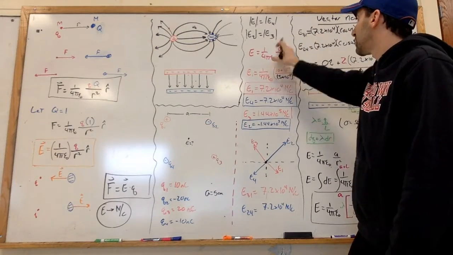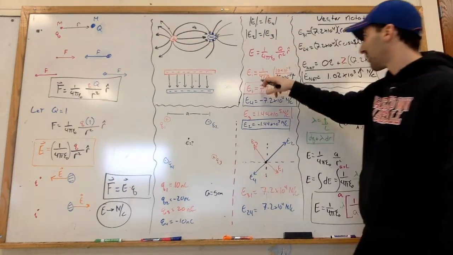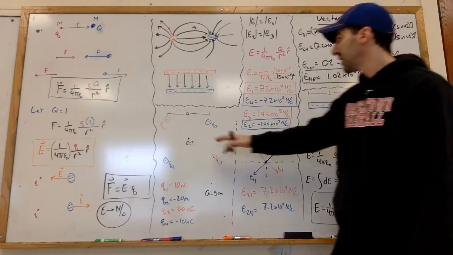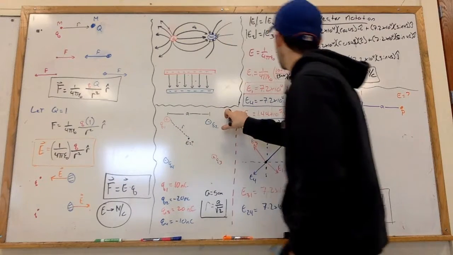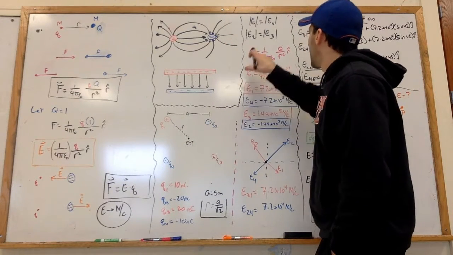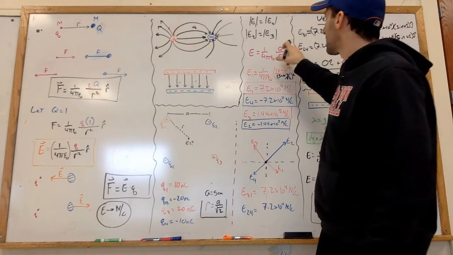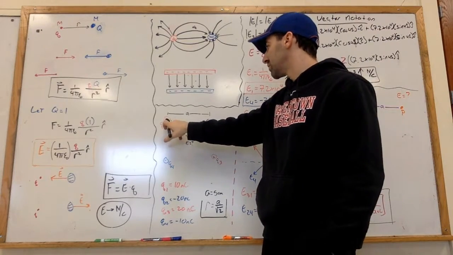So plugging in just for the electric field from Q1, 1 over 4 pi epsilon naught, 10 nanocoulombs is 10 times 10 to the negative 9th, separated by some distance. Through the magic of editing, we have my electric field is 1 over 4 pi epsilon naught, q over r squared. Now I'm looking at the electric field from the charge of Q1.